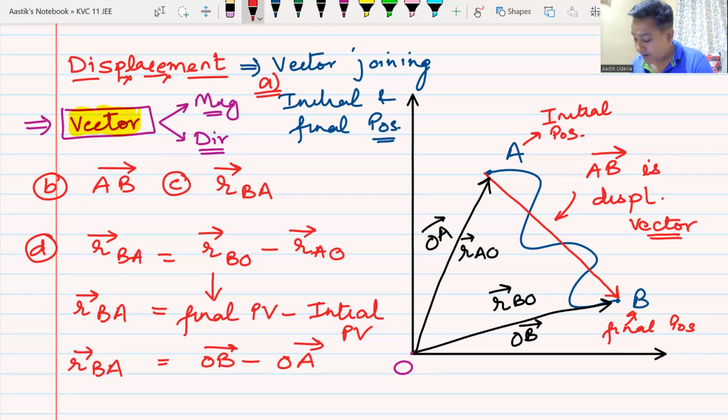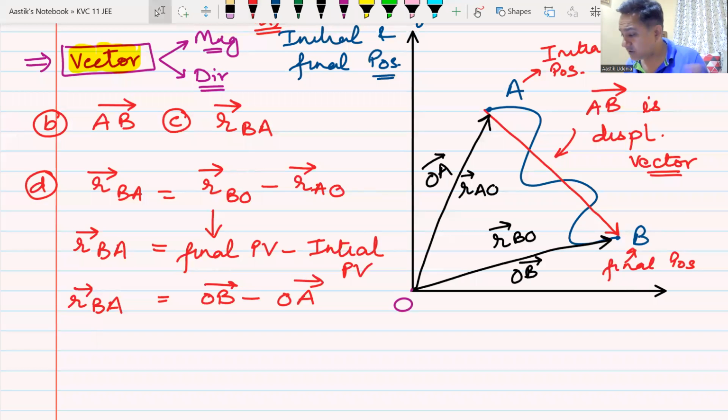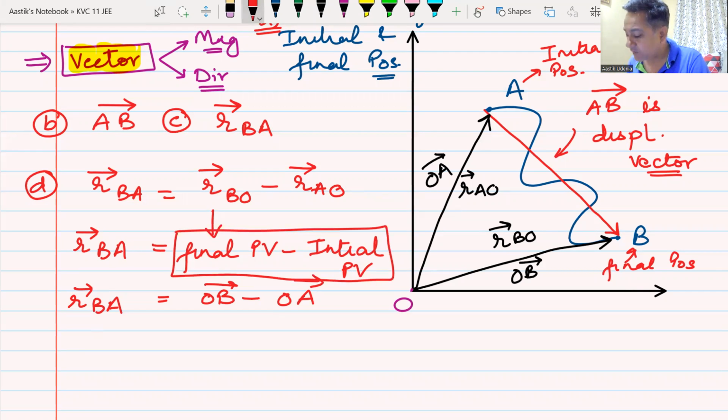Now, there's one more way of writing it, and this is how I'm going to define displacement. Remember this terminology that I'm going to use because I'm going to use it many times. Probably I have told you about this as well. Final minus initial.